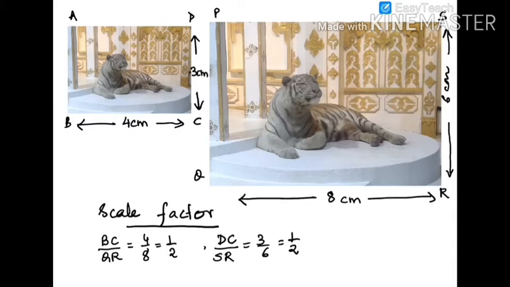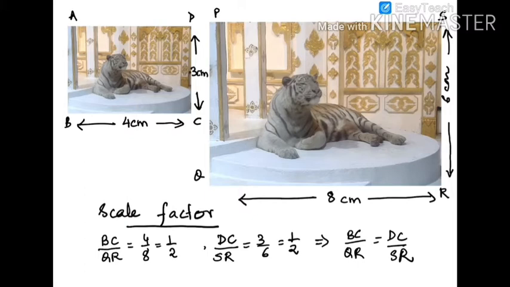So we can see that the corresponding sides of these two rectangles are proportional. So this implies BC upon QR is equal to DC upon SR. And since the opposite sides of a rectangle are equal, the other two corresponding sides of these two rectangles will also be proportional.